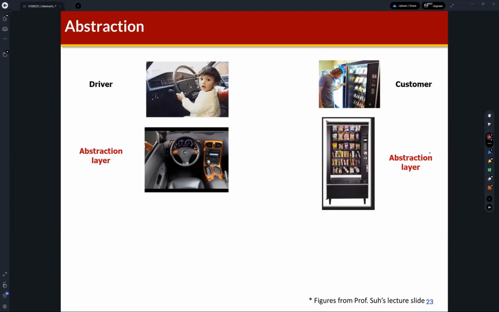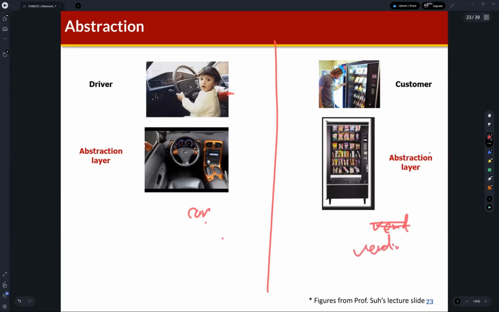Then, what is abstraction in computer systems or digital systems? So these are analogies of abstraction. This is a driver, and the analogy is the car system, and this is a vending machine. I believe some of you already have driving licenses. If we have a driving license, then we can drive a car.